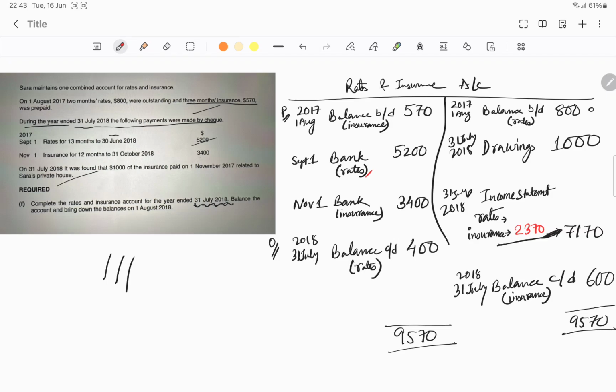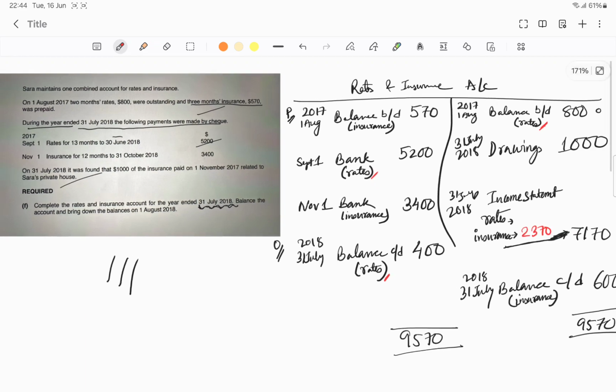Now we calculate rates. This one is for rates, this one is for rates, and this is for rates too. Nothing extra. So 5200 plus 400 is 5600, less 800 gives you 4800.